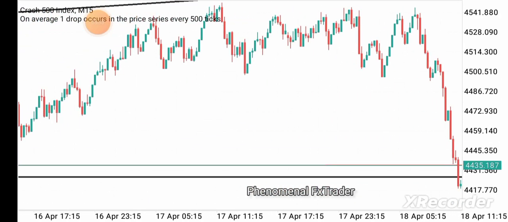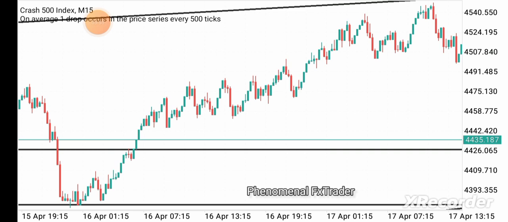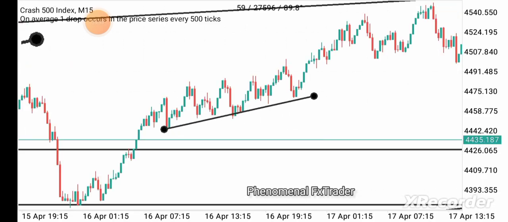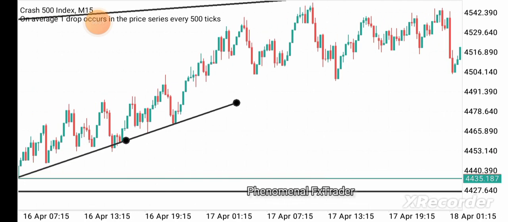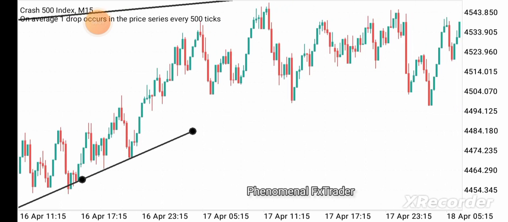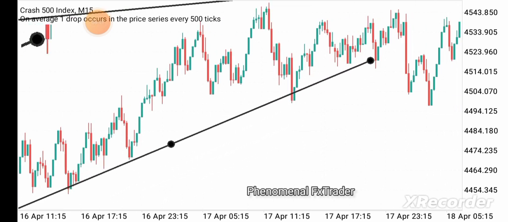All right, so on the 15 minutes time frame, good. You can see this structure that I was saying right here. You can see what happened. The market was actually creating higher highs and higher lows, and then we have all this.